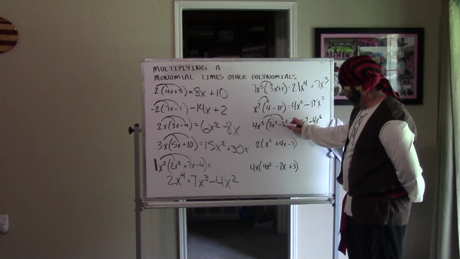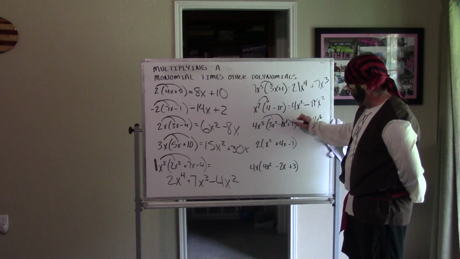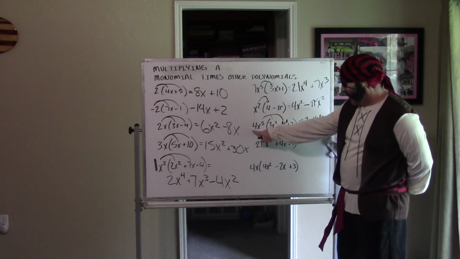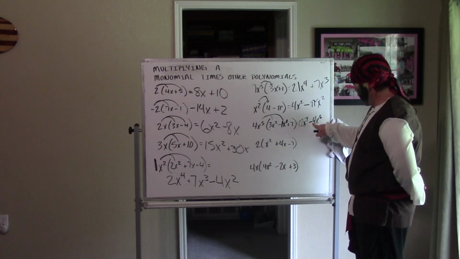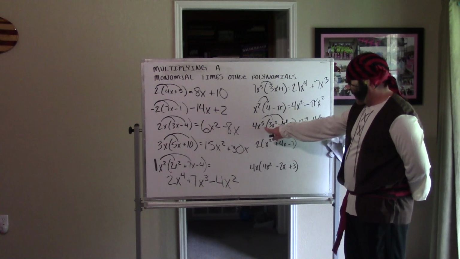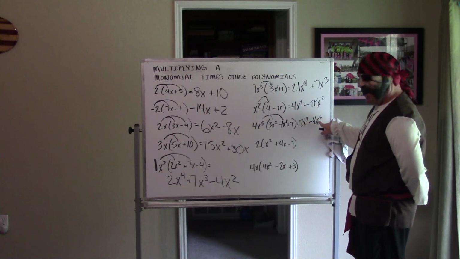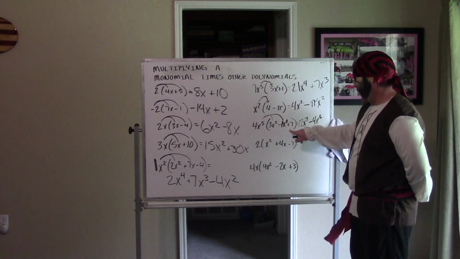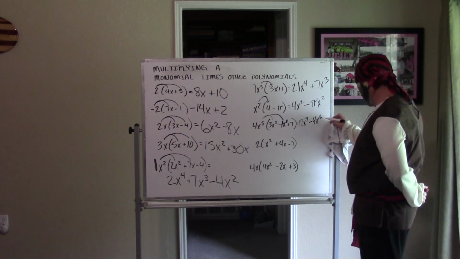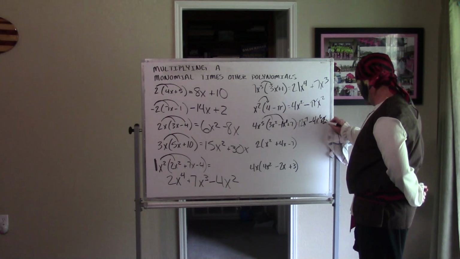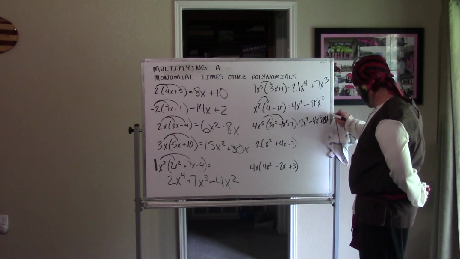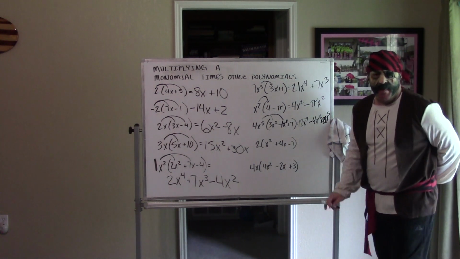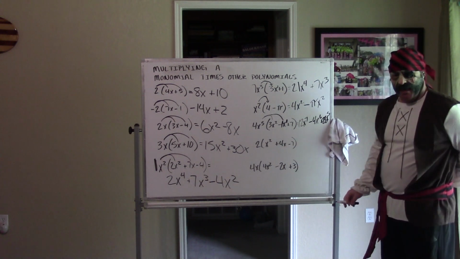So negative 1 is my coefficient in front, my exponent is a 1, so 4 times the negative 1 gives me negative 4, and x to the 5th times x, I'm going to add and get x to the 6th. And then last but not least, 4x to the 5th times the constant of 7 is 28x to the 5th. Man, I need my big whiteboard back. I'm running out of room on this little guy.